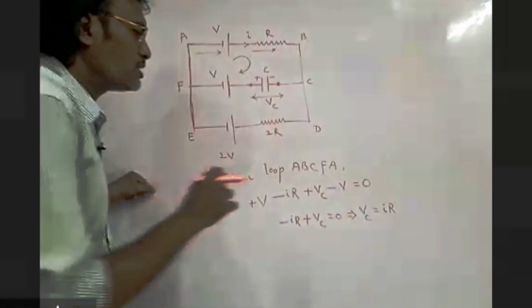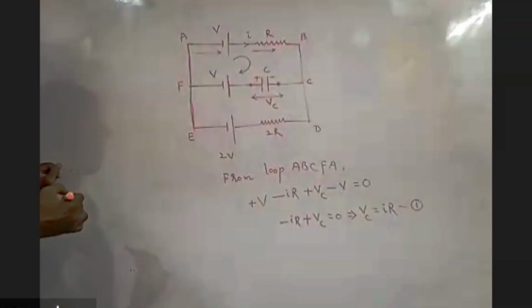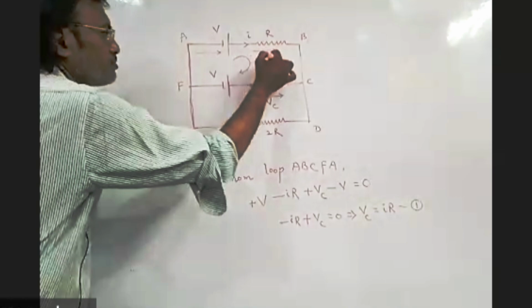Okay, now this is one equation. I consider this as one. I am taking another loop, so that another loop is like this.